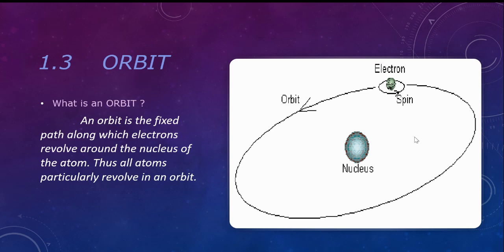So this is about the orbit. An orbit is a fixed path along which the electrons are revolving around the nucleus of the atom. Thus, all the electrons particularly revolve in an orbit.